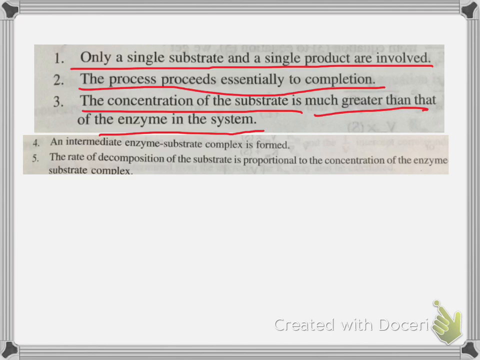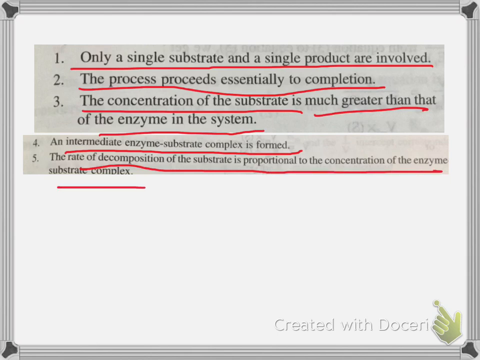The fourth one is an intermediate enzyme substrate complex is formed. The last one is the rate of decomposition of the substrate is proportional to the concentration of the enzyme substrate complex. These are the five assumptions behind this theory.